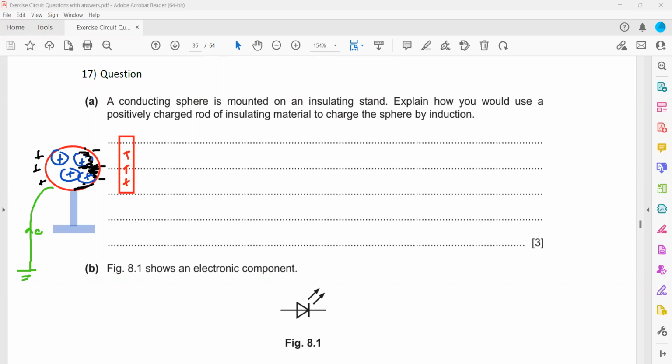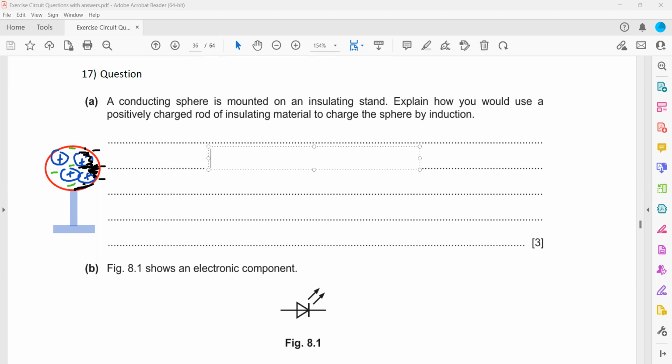There are still positive charges, but the majority are negative now. Then to make it permanently charged, we should remove the earthing wire and then the charged rod. That is called electrostatic induction, or induction by earthing.